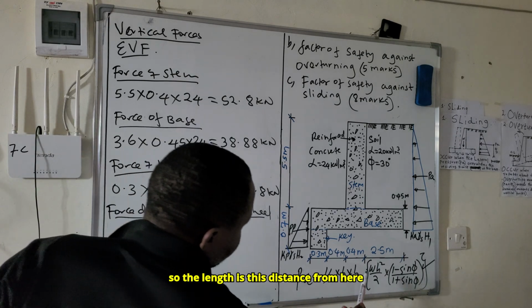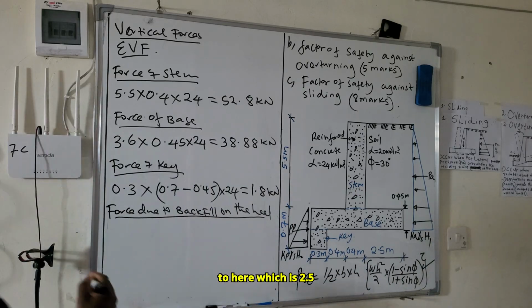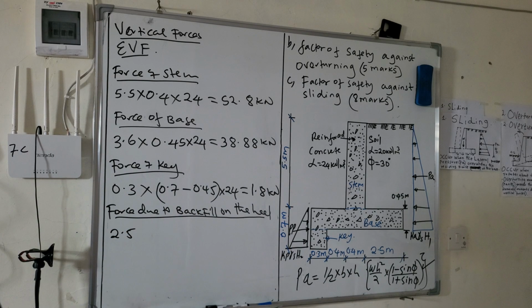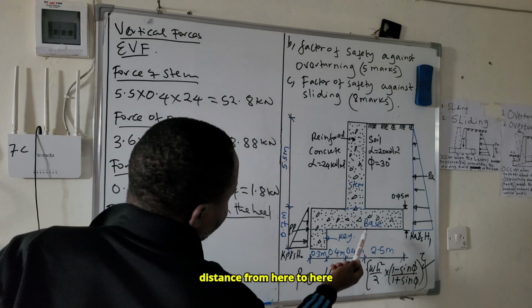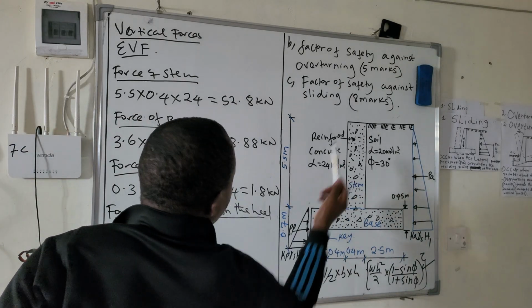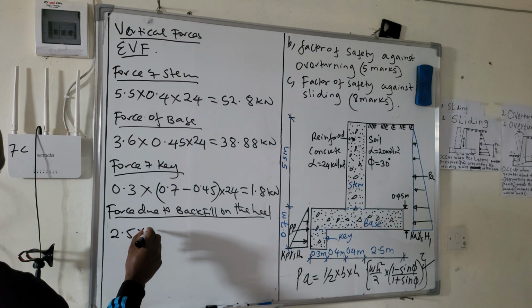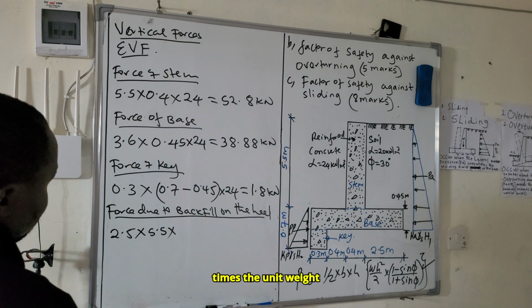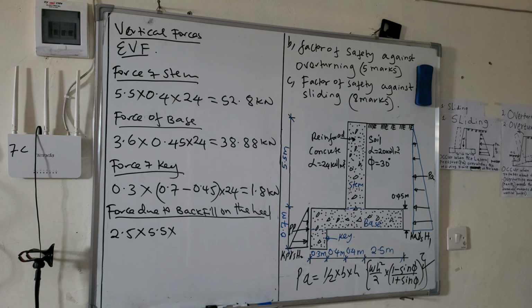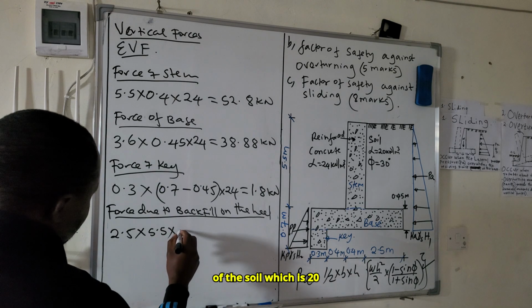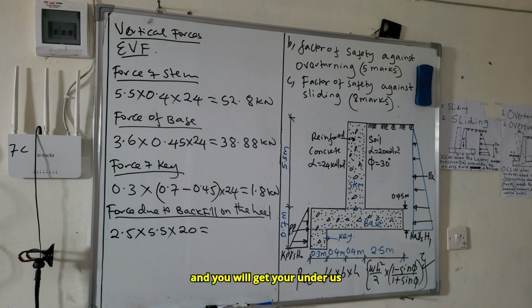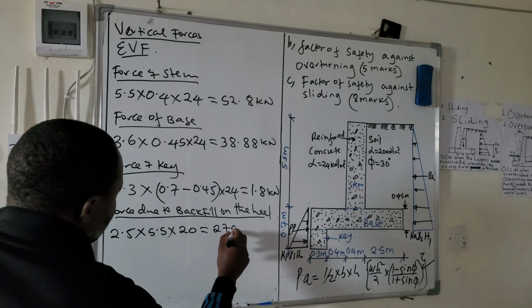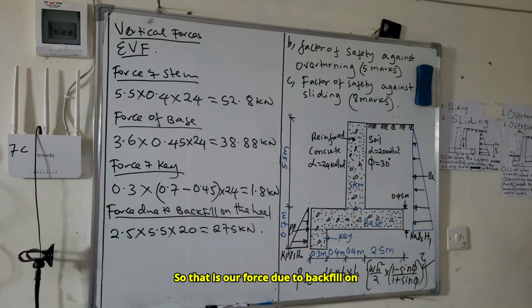The length is this distance from here to here, which is 2.5, times the distance from here to here, which is 5.5, times the unit weight of the soil, which is 20. And you will get your answer as 275 kilonewton. So that is our force due to backfill on the heel.